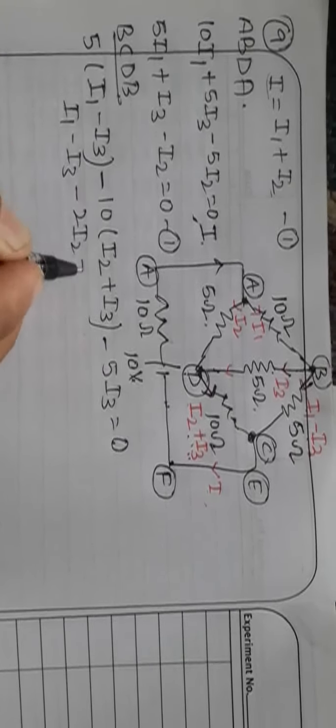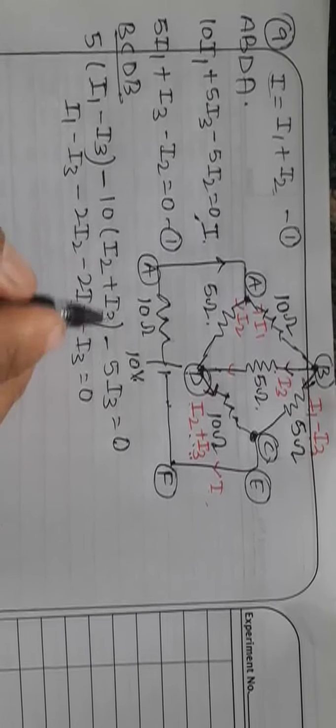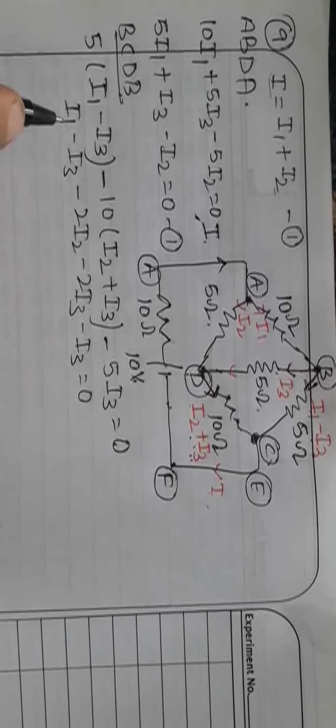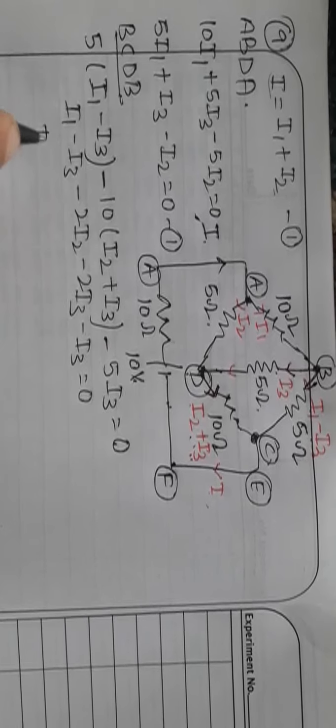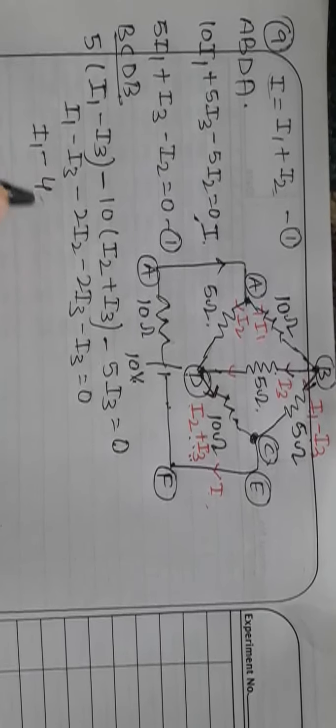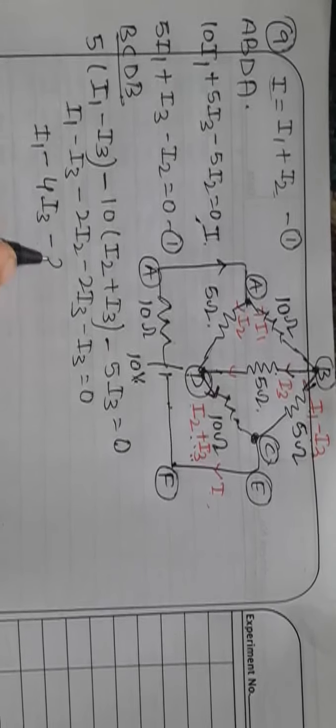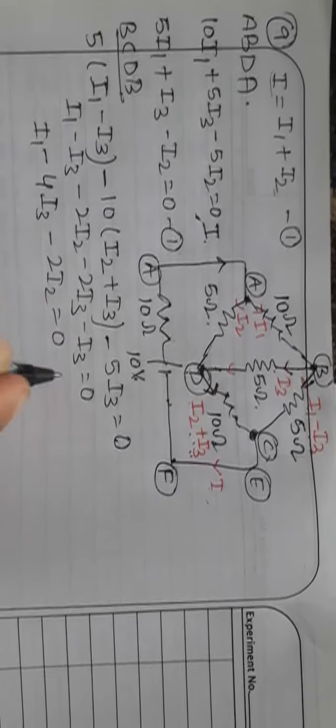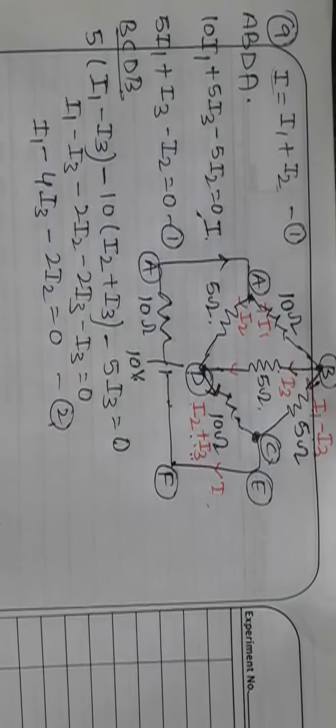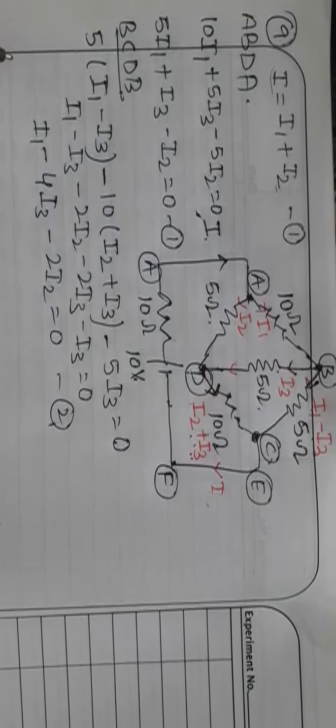What I did: I divided by 5 and then multiplied 2 inside. After solving this, I get I1 minus 4 I3 minus 2 I2 equal to 0, equation number 2.